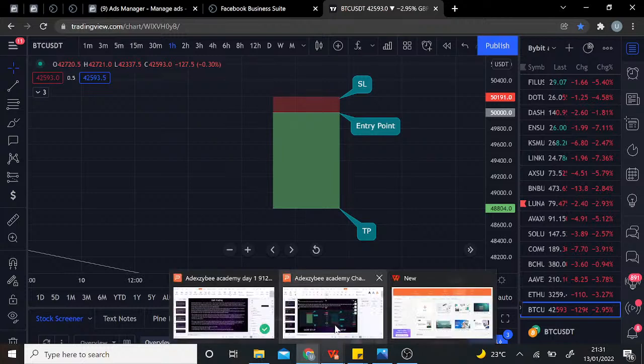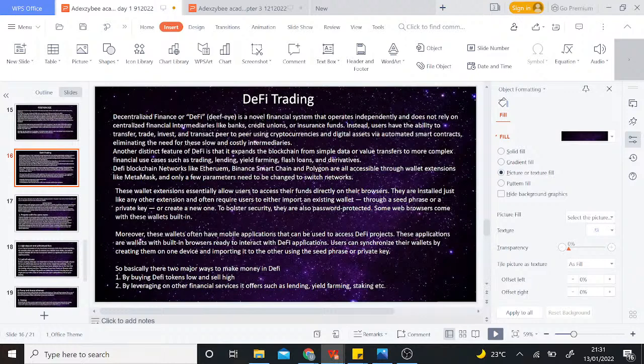So that's what this page is saying. Now, these wallets often have mobile applications that can be used to access DeFi projects. These applications are wallets with inbuilt DeFi applications. We call them the apps, or tabs.